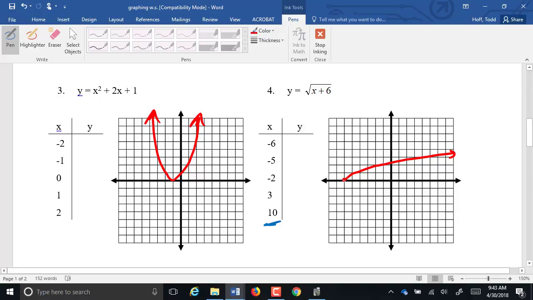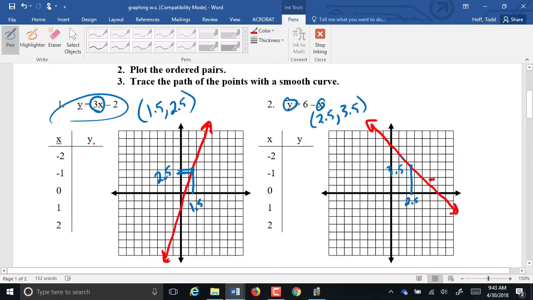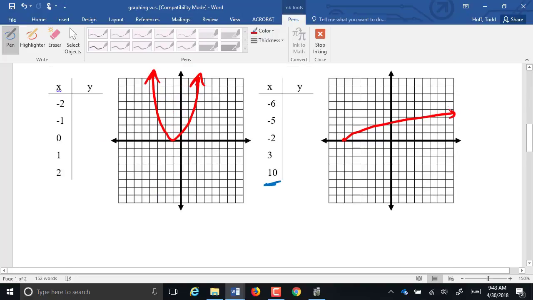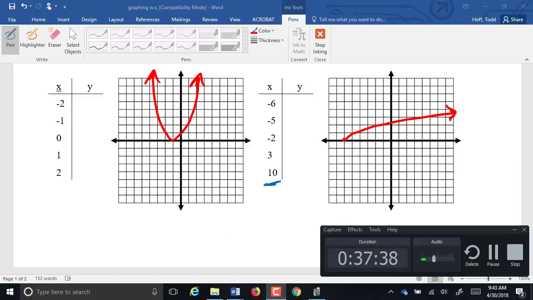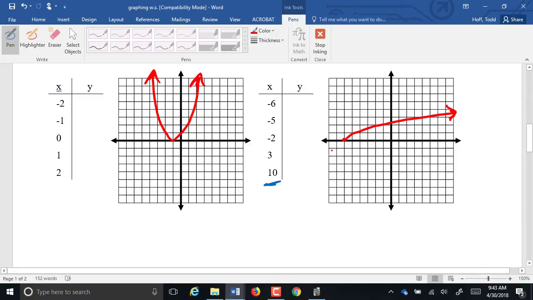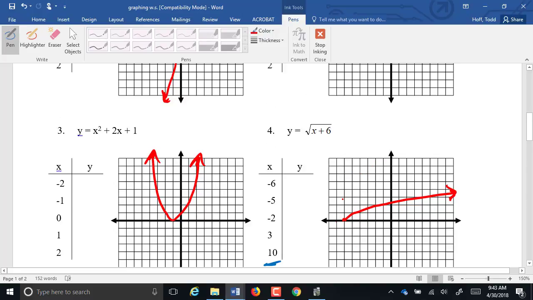You'll notice on all the other ones, I put an arrow on both ends of them. But on number 4, I did not. I only put an arrow on this end. This end's just a dot. The reason for that is I can't keep going in that direction. If I put -7 in here, well, -7 plus 6 is -1, and I can't take the square root of a negative number.